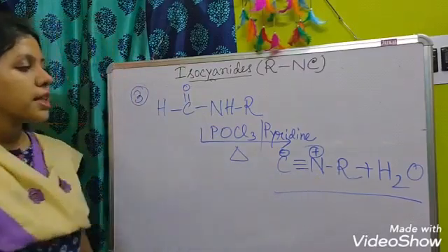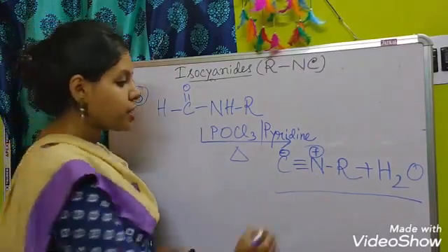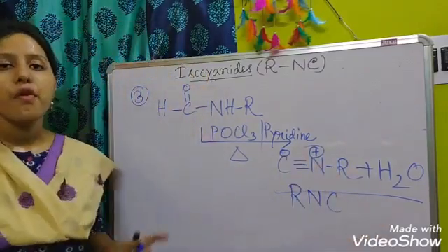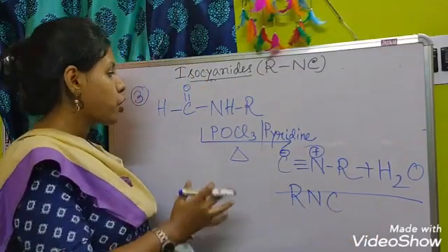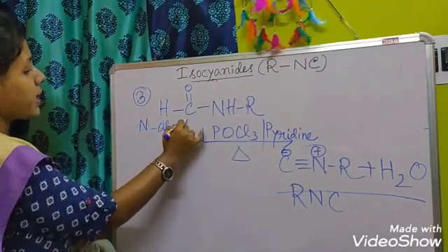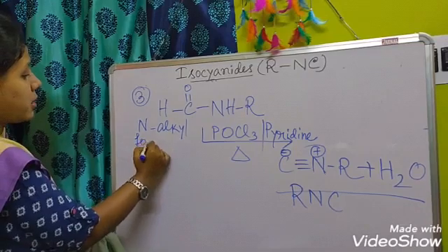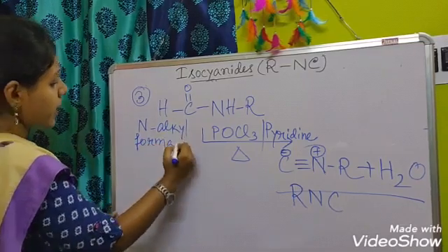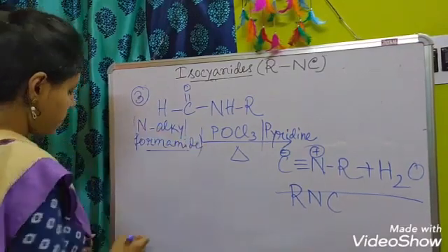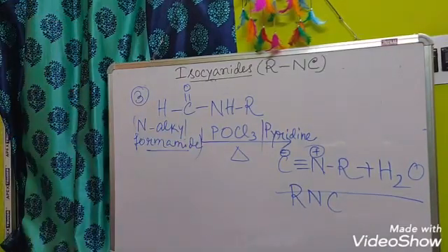So again there will be the formation of isocyanide, that is RNC, plus a water molecule. So by using N-alkyl formamide, we can make the isocyanide. Okay, so this was the third reaction.